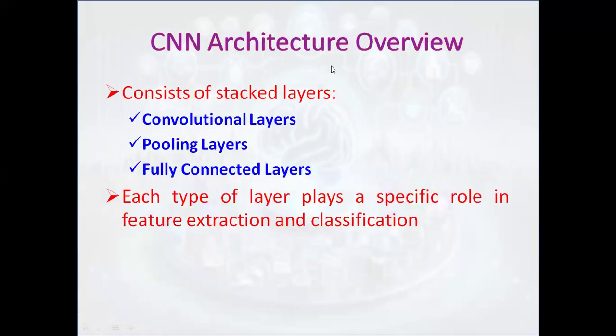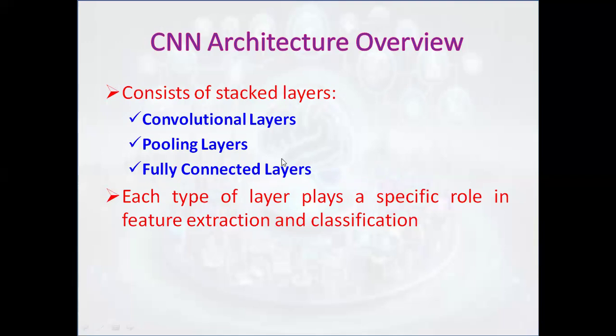Next, the overview of CNN architecture. A CNN is composed of multiple layers, like the multi-layer perceptron, stacked together to process data in stages from simple features to complex ones. The convolution layers apply filters to the input image to detect features like edges and patterns.